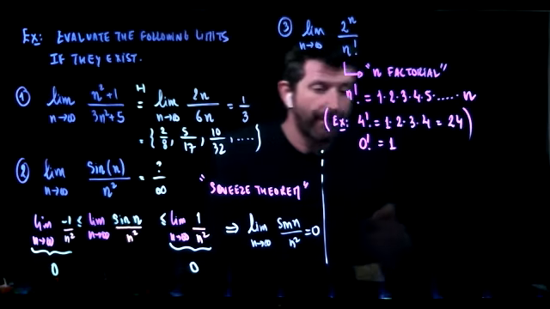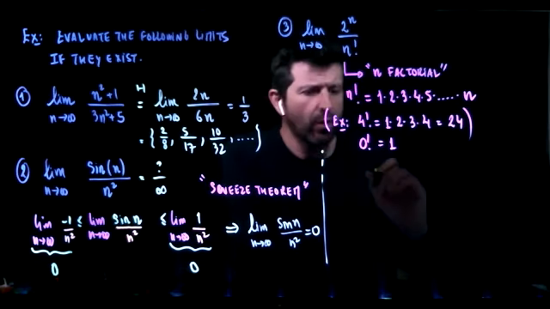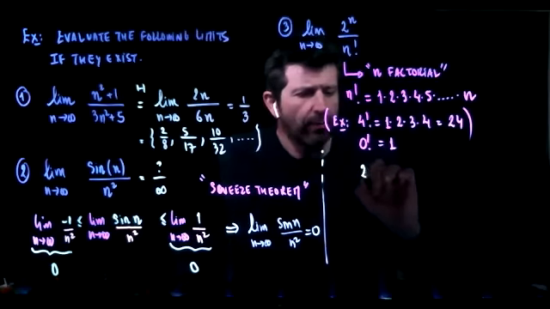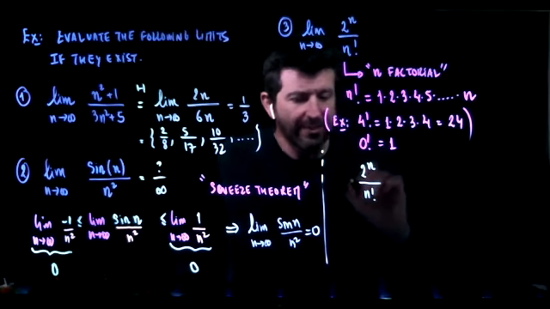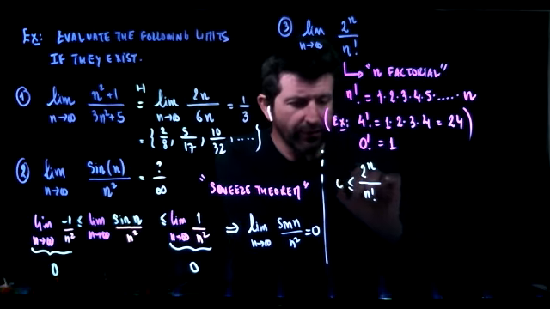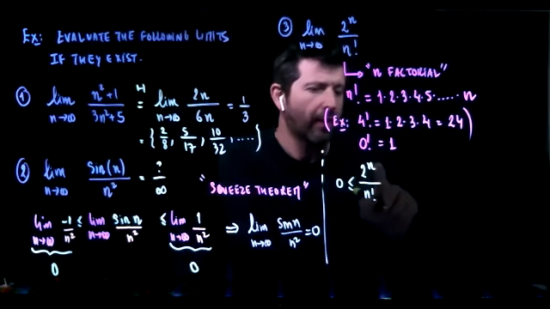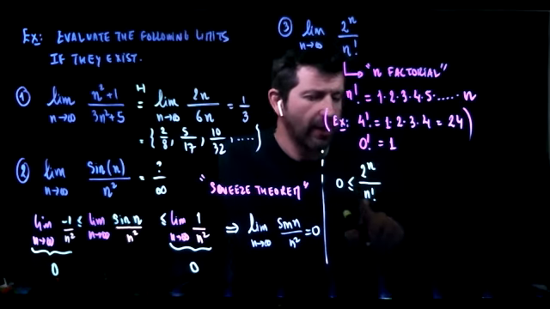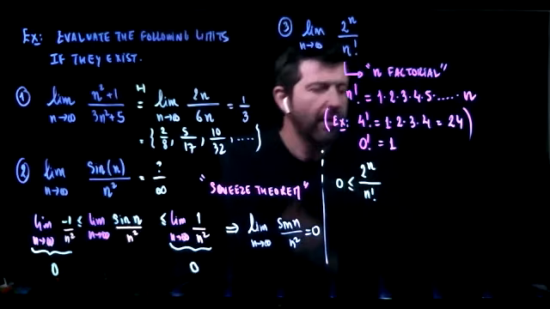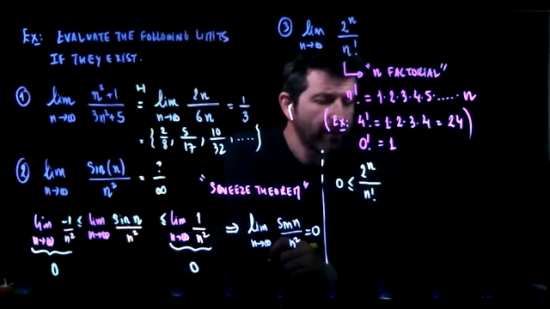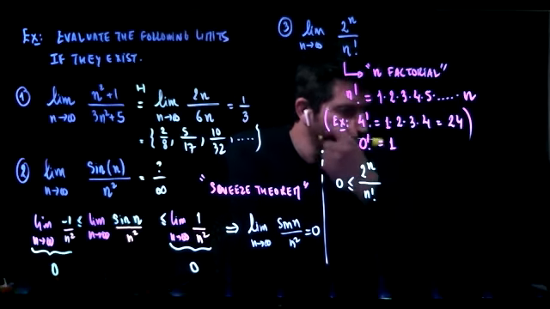So let's try this. 2 power n over n factorial is definitely positive. 2 power anything is a positive number, and n factorial is a positive number. Plus over plus is plus. So this could never be less than 0. Impossible.